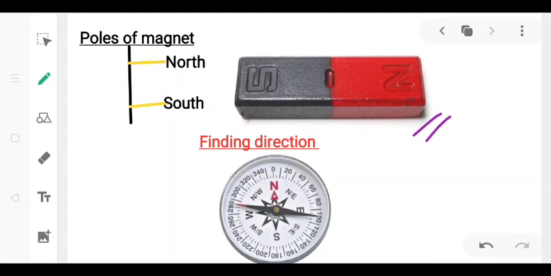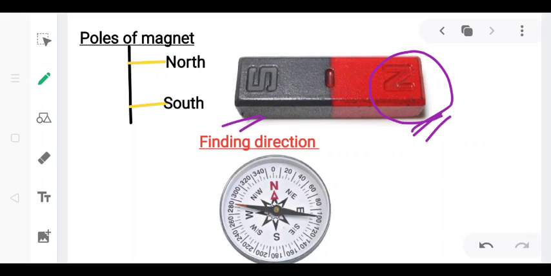The end of the magnet which roughly points towards the geographical north is termed the north pole, whereas the end which roughly points towards the geographical south is called the south pole.